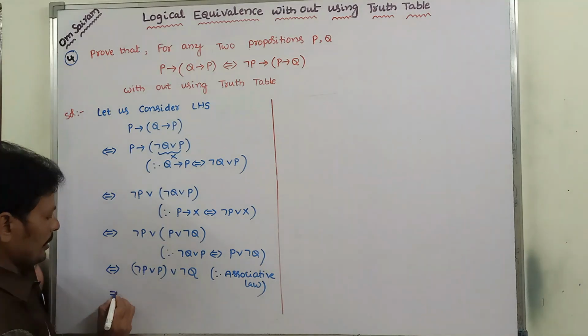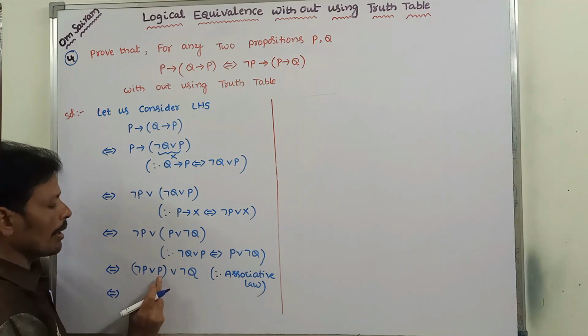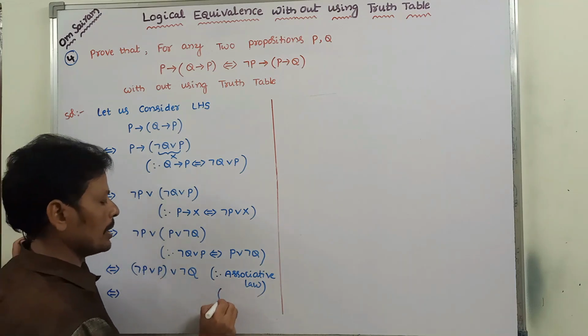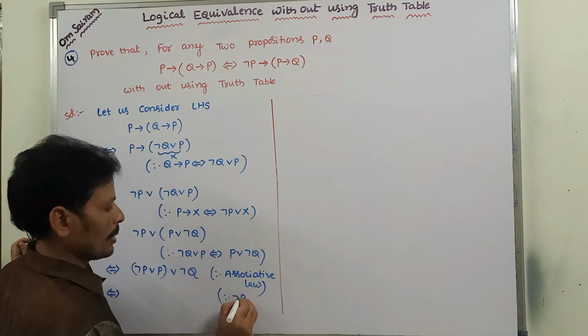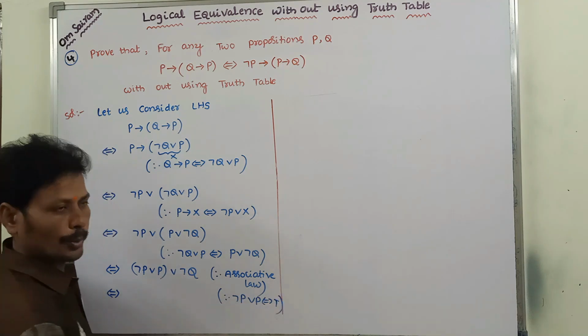Next one. We already know that negation P or P is nothing but true. Negation P or P is logically equivalent to true.